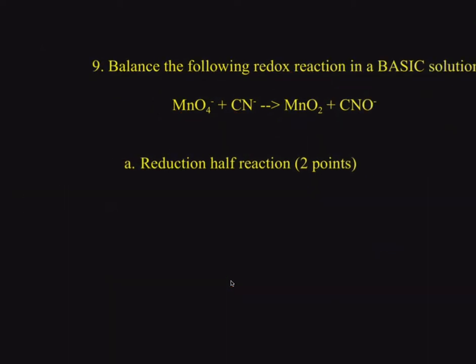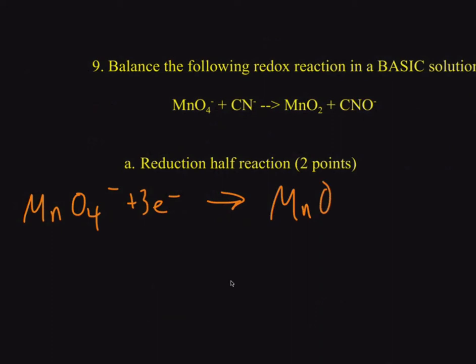On the other side, when we've got the reduction half, we're going from MnO4 minus plus 3 electrons gives me the MnO2. Now I've got to do the balancing for the basic solution.